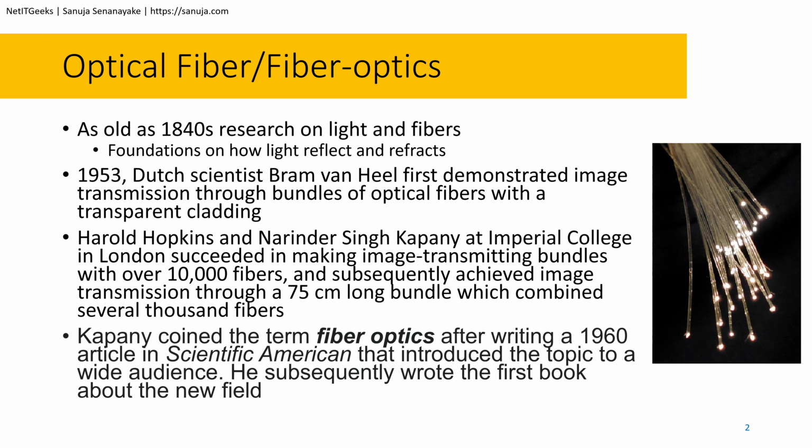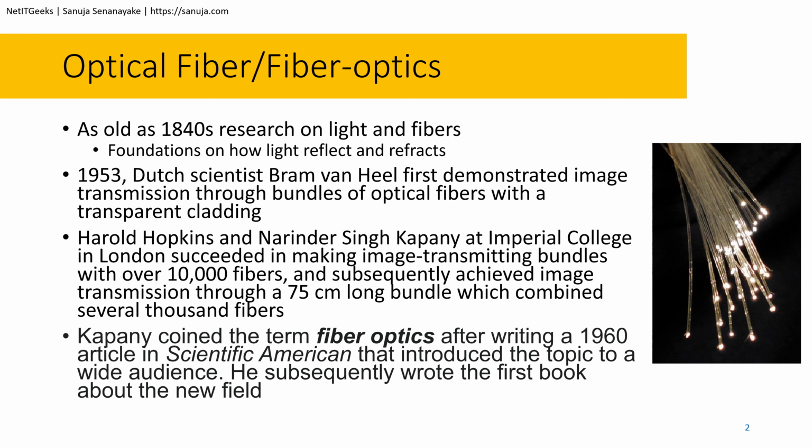So you have an image in the laboratory and a bundle of optical fibers, and on the other end of that bundle you can view that image. In 1953, this research laid the foundation for what we call modern day fiber optics communication.